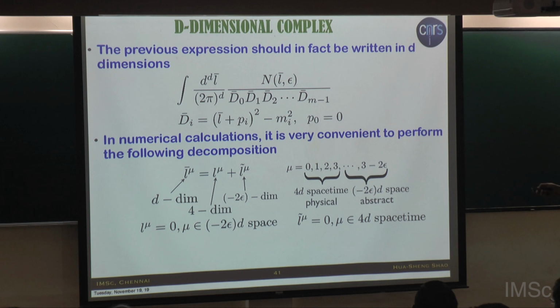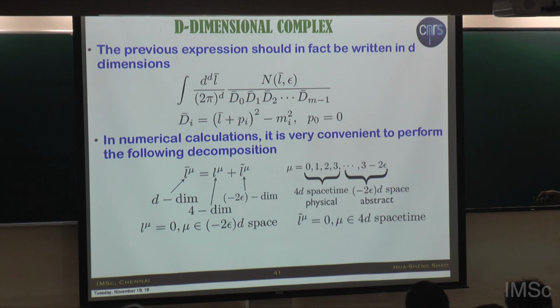So the convenient way is to perform the decomposition of all the d-dimensional quantities into four-dimensional quantities and minus 2 epsilon dimensional quantities. That means for the Lorentz index, you keep 0, 1, 2, 3, and the remaining is the minus 2 epsilon dimensional space. But this is an abstract space, okay?